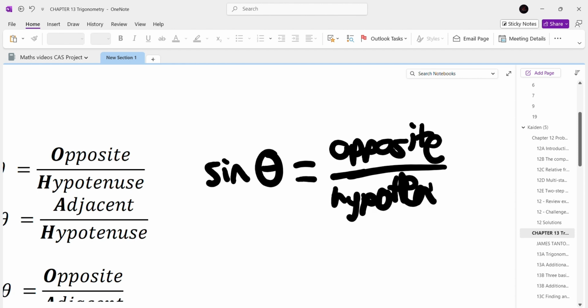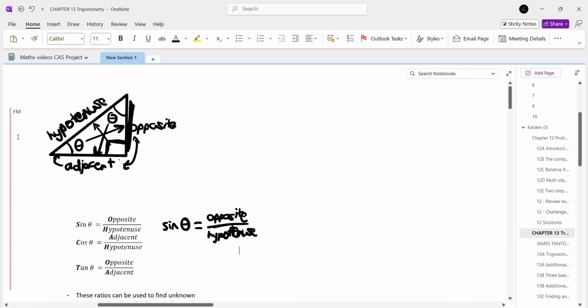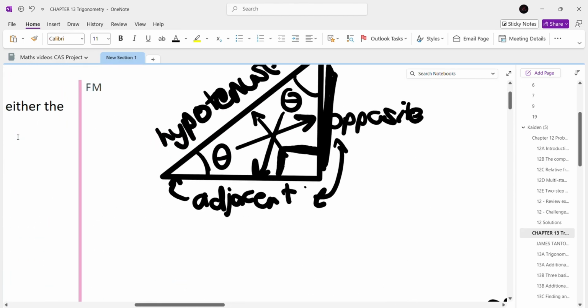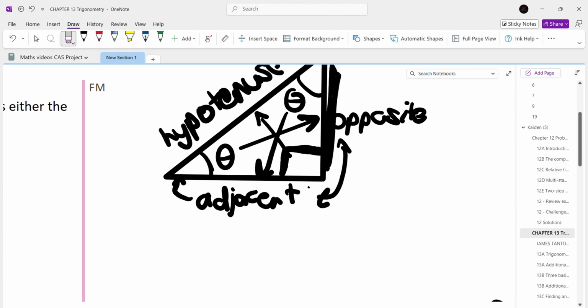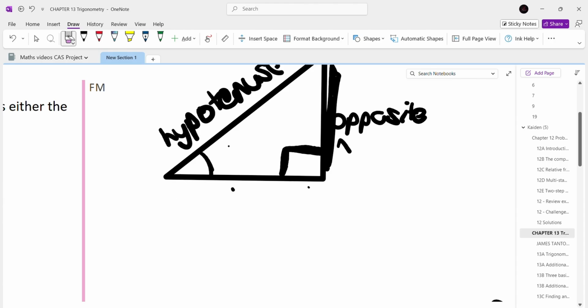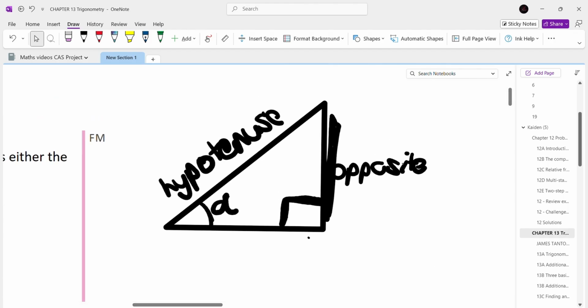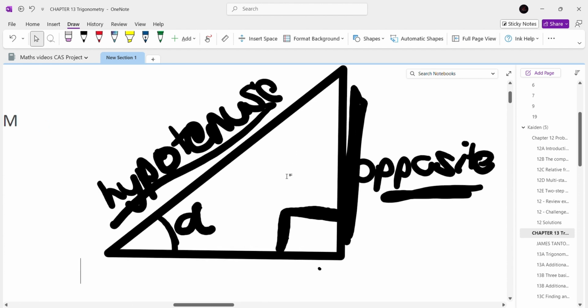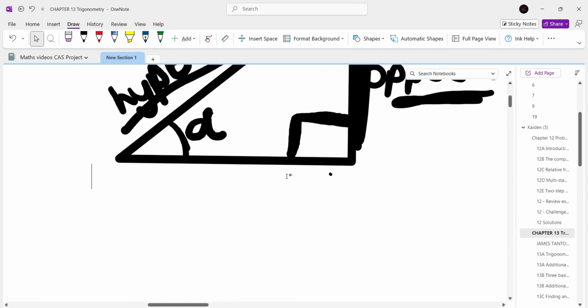So, let's just say we have, back to our triangle right here. Let me just erase a few things. So, if we want to find this angle right here, let's call this angle alpha, and we have the lengths of the opposite and the hypotenuse, we can use the sine trigonometric function in order to find angle alpha.